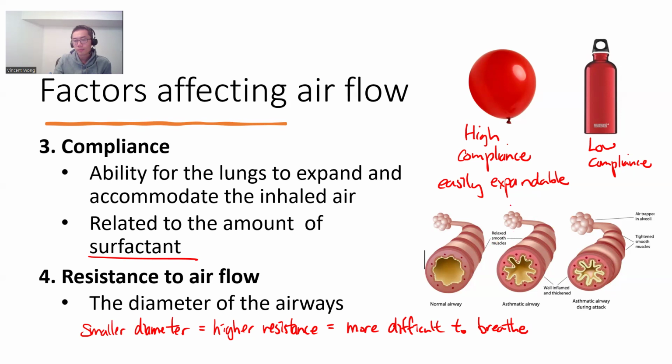So these pictures here show you when someone has an asthma attack, the airway constricts, and there is all this mucus that is being secreted. So together, they make the airway very, very small, very difficult to breathe.